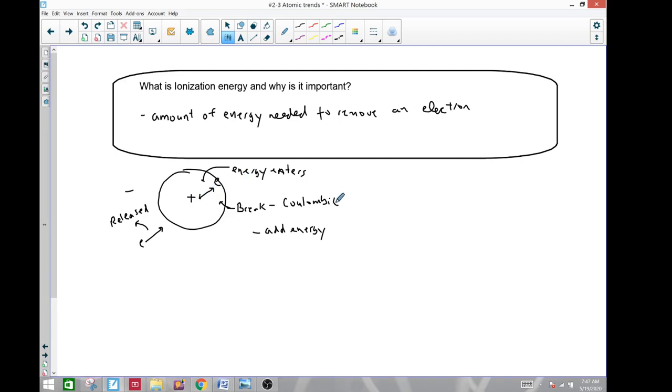Now, why is it important? Really, for the most part, unless we are talking about a nuclear reaction, adding electrons or removing electrons is a big part of our chemical reactions.